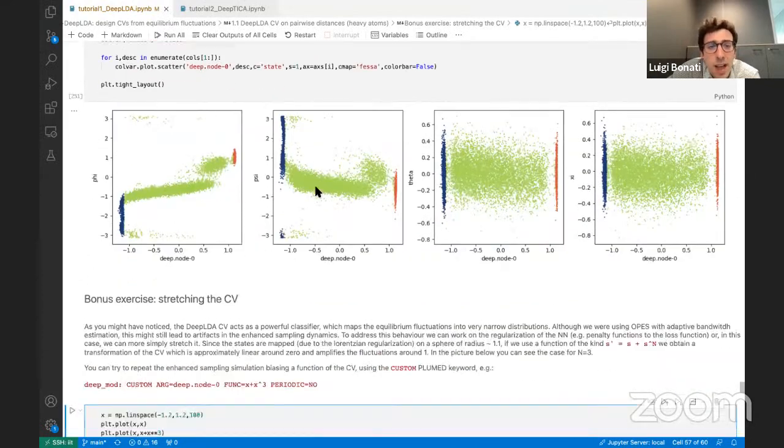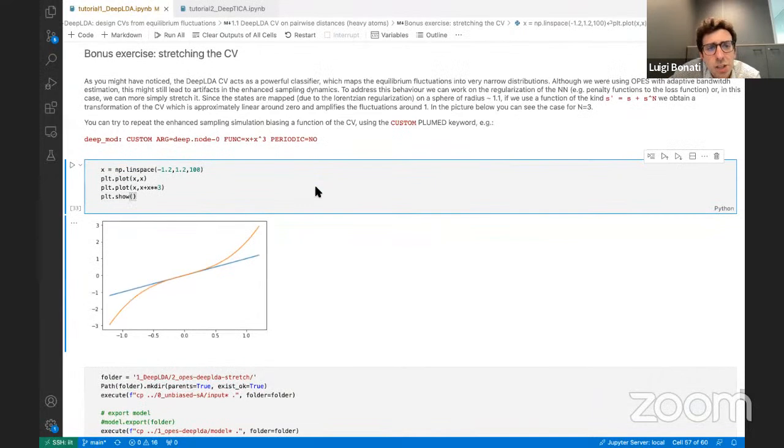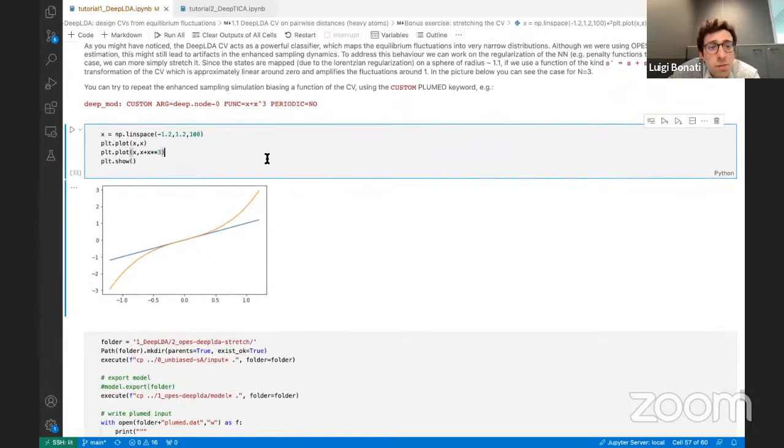Well, we could try to change, for instance, the loss function by adding some terms to prevent this, or what we have found to be quite effective in a number of examples was stretching the CV afterwards.